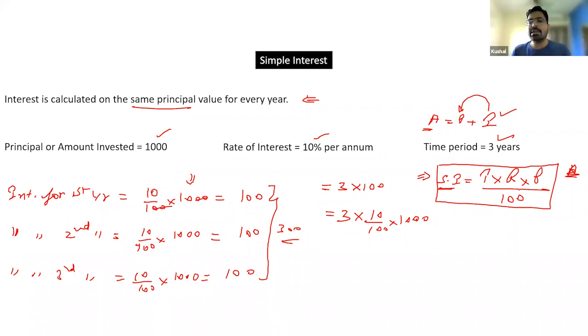There's another very important thing that I wish to bring to your notice, which is how do we calculate effective rate of interest? Effective interest is termed as my value of interest as a percentage of principal value.